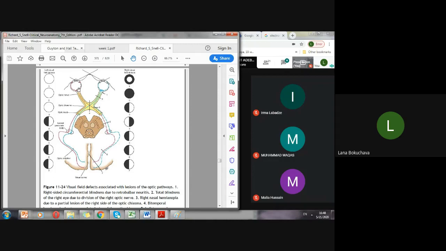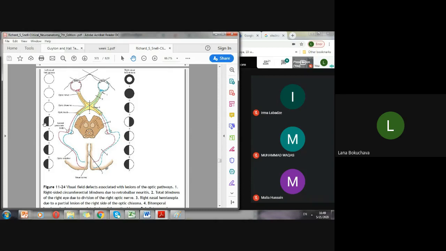But what will be that portion of the visual field? We have the temporal portion from one side and the temporal portion from the other side, so it will be a bitemporal type of visual loss. As you can see, this is number 4: lateral and lateral in both the right and left eyes.